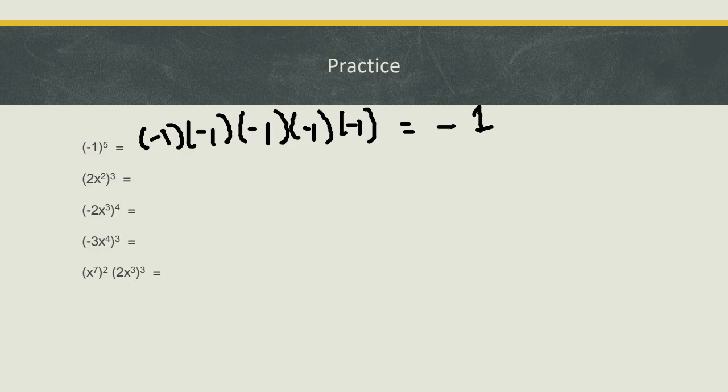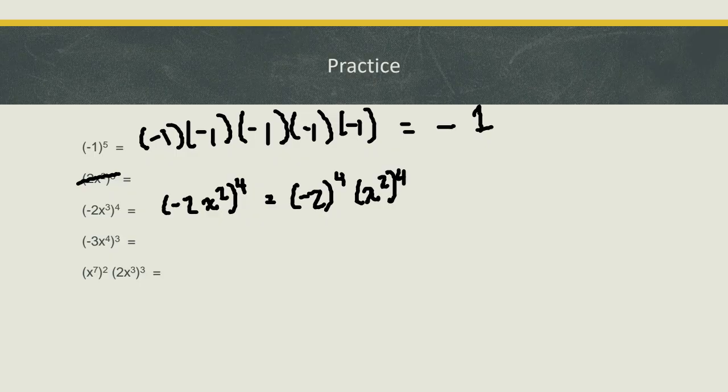So we did the second one already on the previous slide, so we'll skip that one. But let's do this one. We have -2x squared to the power of 4. I'm going to split this up. You don't need to do this, but just for the sake of learning, I'm going to split this up. So -2 to the power of 4, you can punch this in your calculator, or you can do -2 times -2, which you might still need a calculator for anyways.